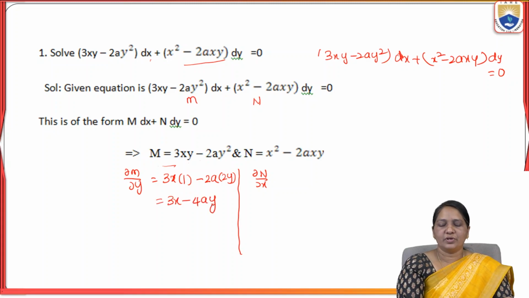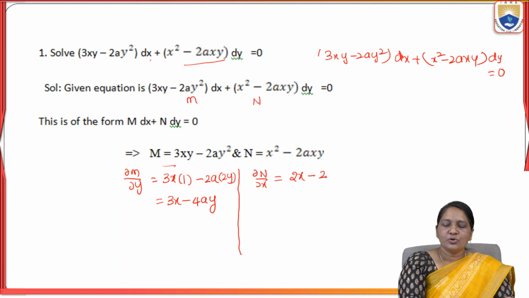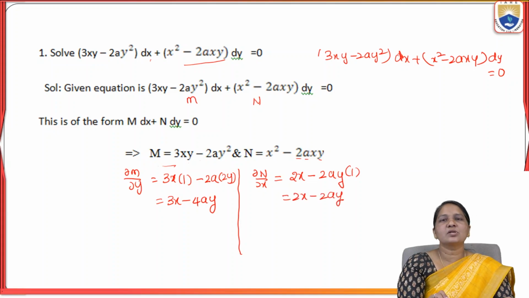Now ∂N/∂x means partial differentiation of N with respect to x. The x square derivative is 2x, minus 2, a and y are constants, and the x derivative is 1. So 2x minus 2ay.